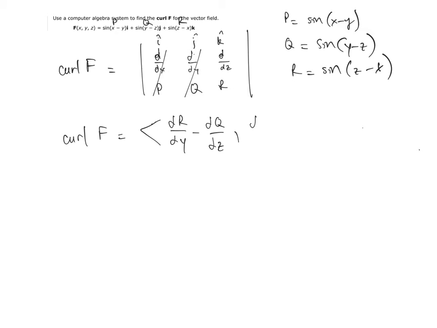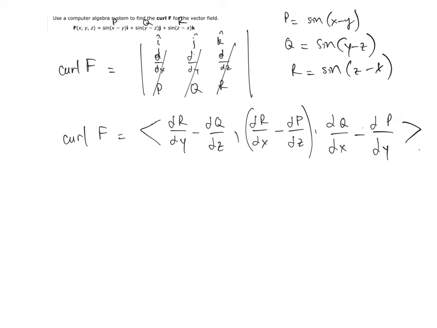So you get partial of R with respect to x minus partial of P with respect to z. And then covering up the k here, partial of Q with respect to x minus partial of P with respect to y. Now just follow this formula. Oh, and remember the j component, the y component, is always negative in finding the cross product.